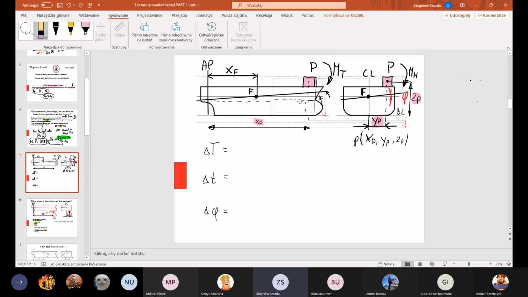I open the discussion. In the meantime, please tell me what will be the method of calculation of change of mean draft, change of trim, change of angle of heel, caused by additional weight loaded on board. The position of this weight is known: XP, YP, ZP.